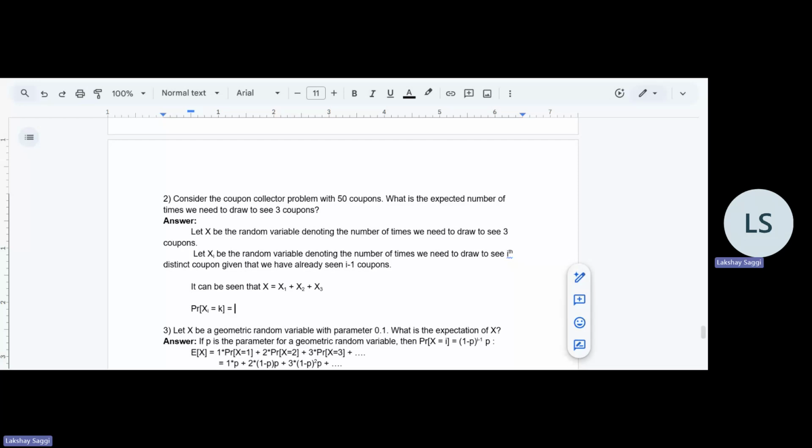Here k is the number of times you need to draw to see the ith distinct coupon, given that we have already seen i minus 1 coupons.